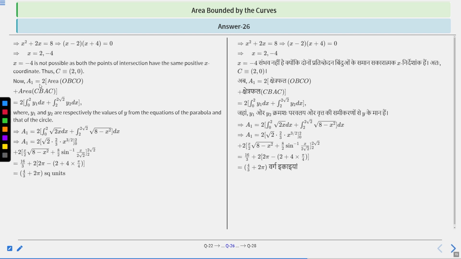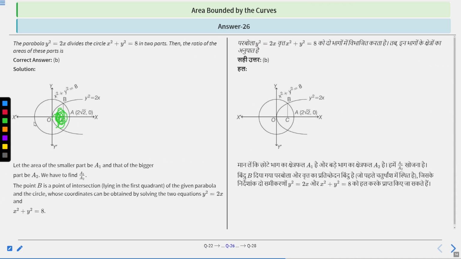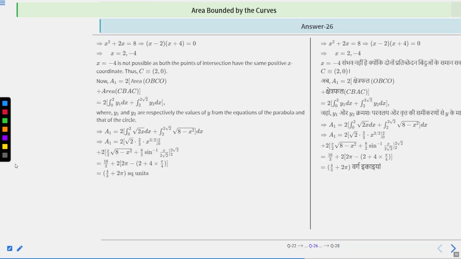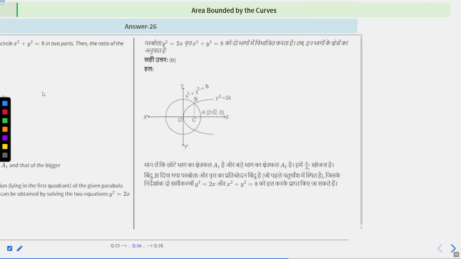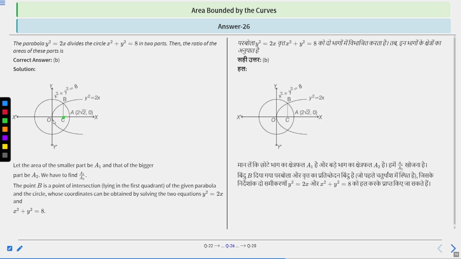Therefore, we get x equal to 2 and minus 4. x equal to minus 4 is not possible, as both points of intersection have the same positive x coordinate. Thus, the coordinate of point C is (2, 0).